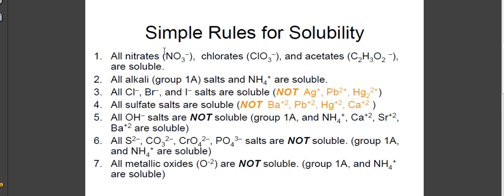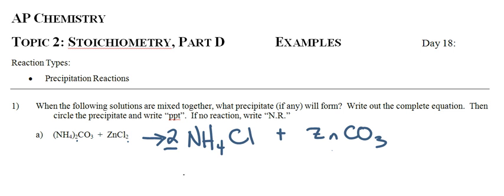It looks like a glass of water. Okay, same thing with the chlorates and acetates. So anytime you see a metal in front of the chlorate, acetate, or nitrate, it is soluble. So do we have any nitrates, chlorates, or acetates in this first problem? Nope, sorry, we don't. Okay?